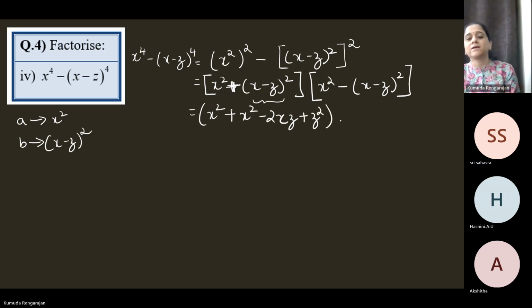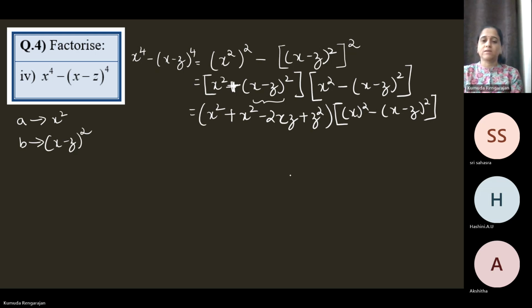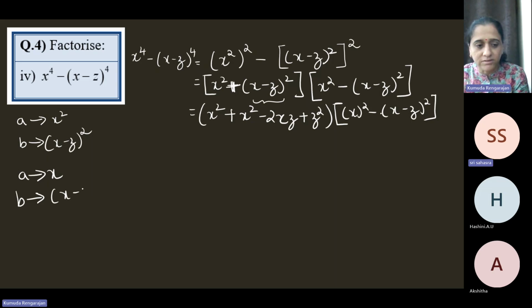Very good. Now this is of the form x the whole squared minus x minus z the whole squared. So which is again like a squared minus b squared. So what is a? X. And b? X minus z. Correct.